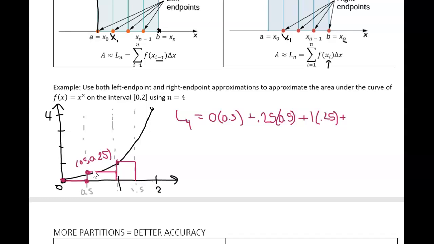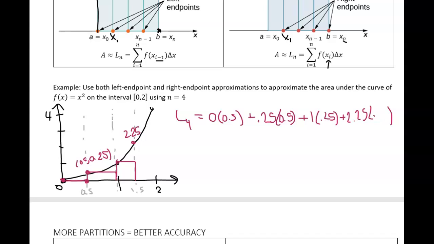It's actually going to start at 1.5, the last partition, delta x away from the end boundary. So what is 1.5 squared? We should get 2.25 for our y value. So we're going to do 2.25 times 0.5. And that's going to represent our left-hand approximation for the area under x squared from 0 to 2.